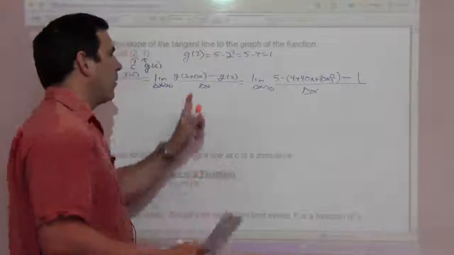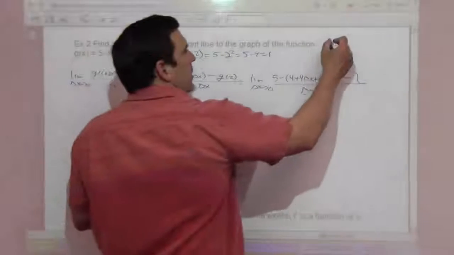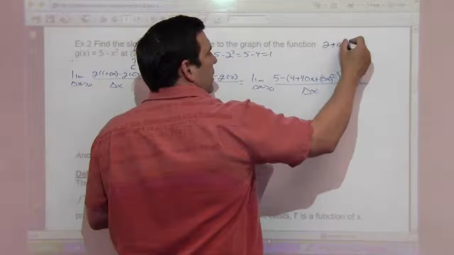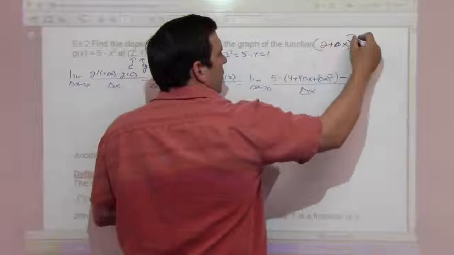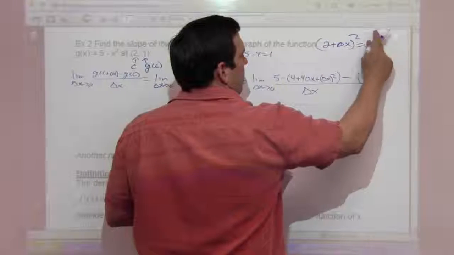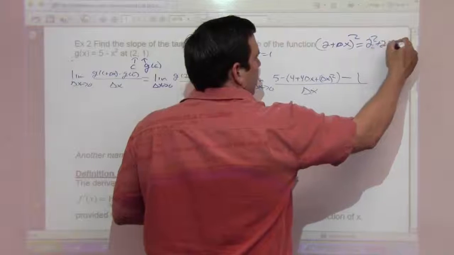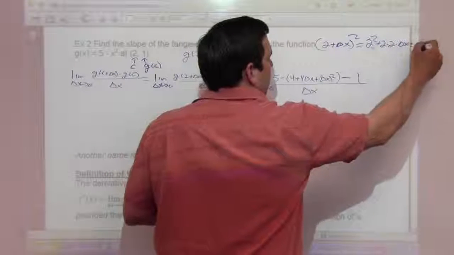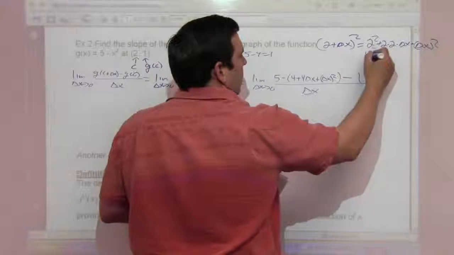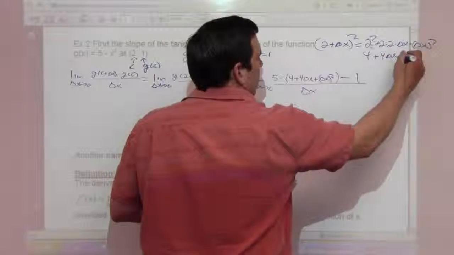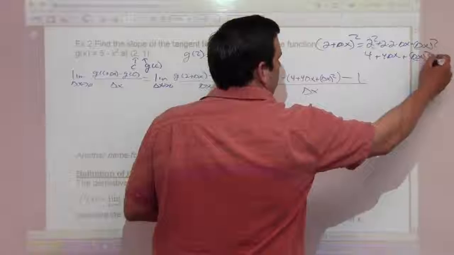Just remember, I FOILed this out. It's 2 plus delta x squared. You can FOIL it, but that's 2 squared plus 2 times 2 delta x plus delta x squared. That's 4 plus 4 delta x plus delta x squared.